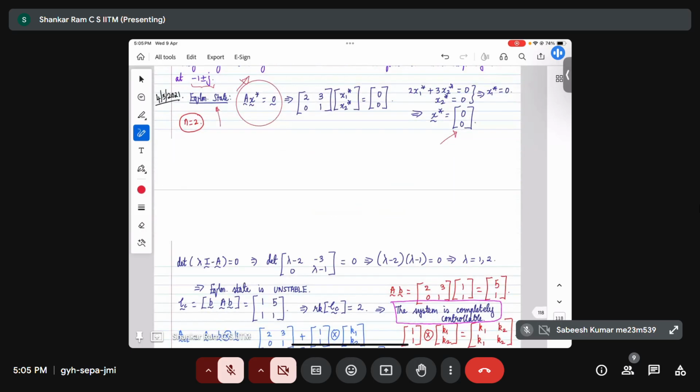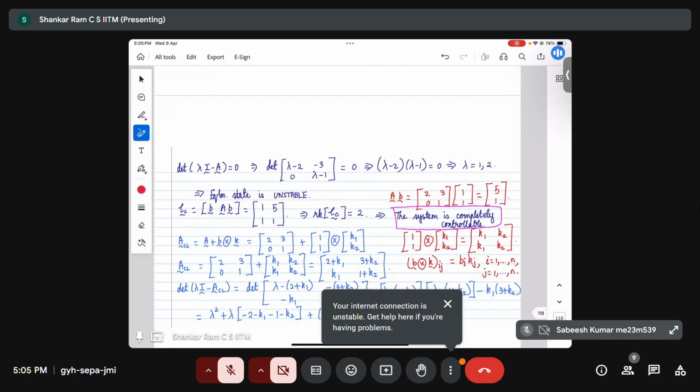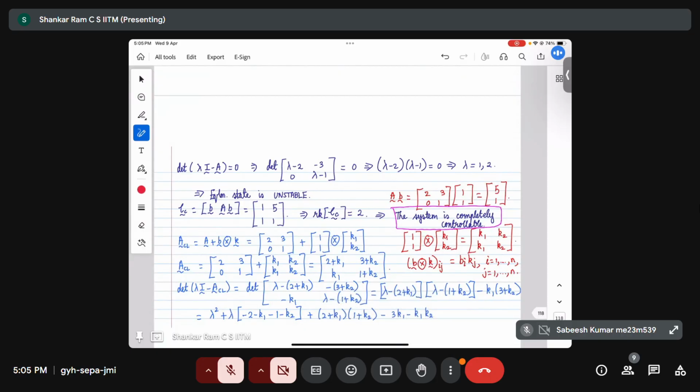So then, if we want to comment on the stability of the equilibrium state, we need to solve for the eigenvalues of the state matrix. For that, we solve the determinant of lambda I minus A equals 0. If we calculate lambda I minus A and take the determinant, in this case it becomes very straightforward because we have an off-diagonal term to be 0.